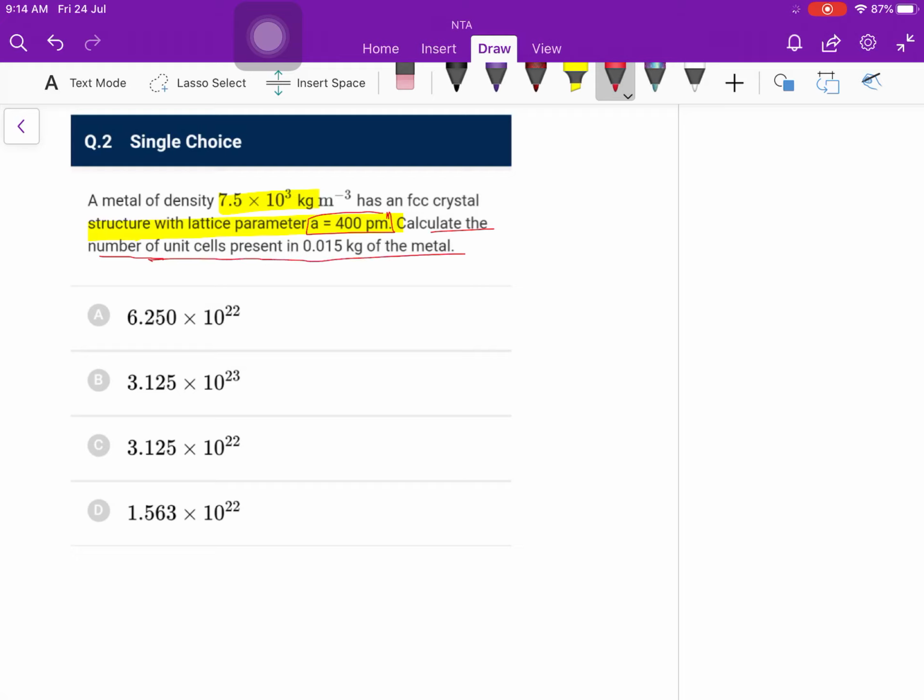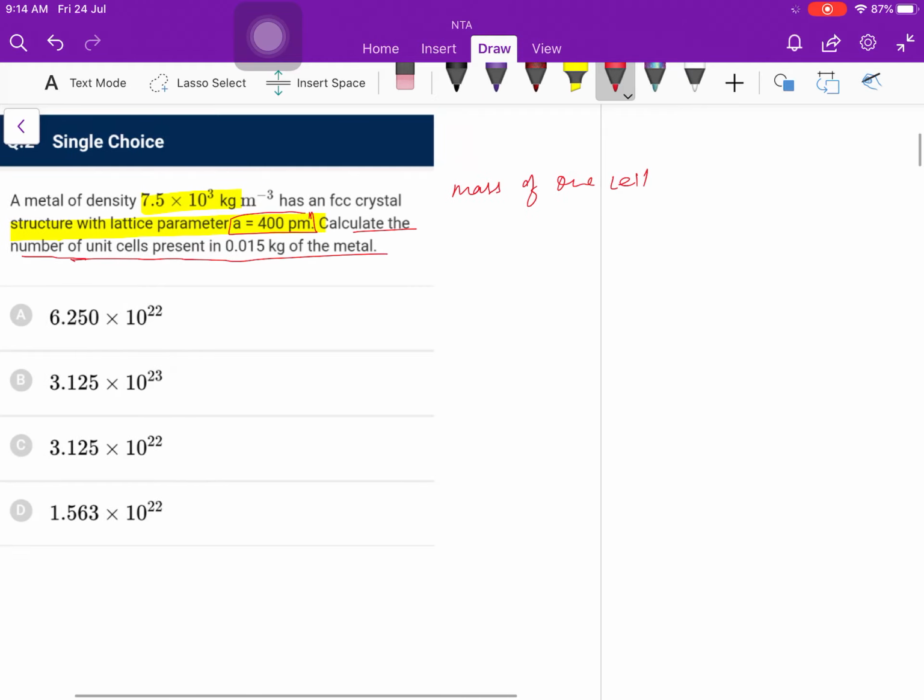First, let us calculate the mass of one cell. The volume of the cell will be (400 picometer)^3, a cube. We use density equals mass upon volume, so mass is equal to density into volume.